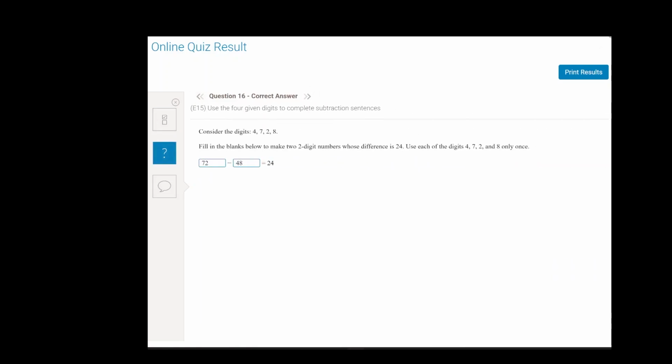Question 16. Fill in the blank below to make 2-digit numbers whose difference is 24.